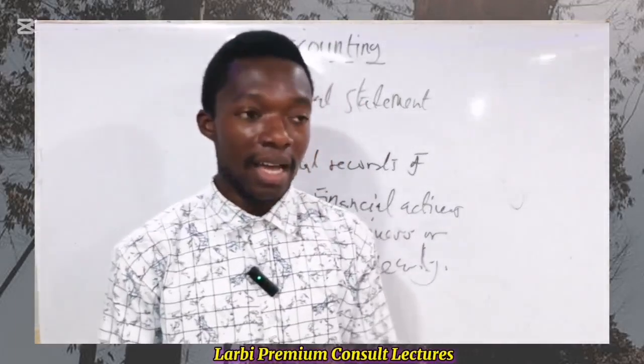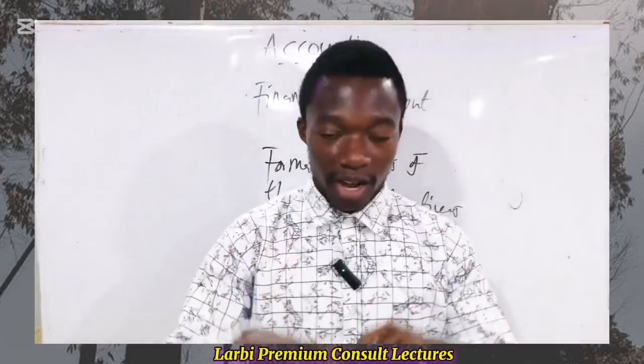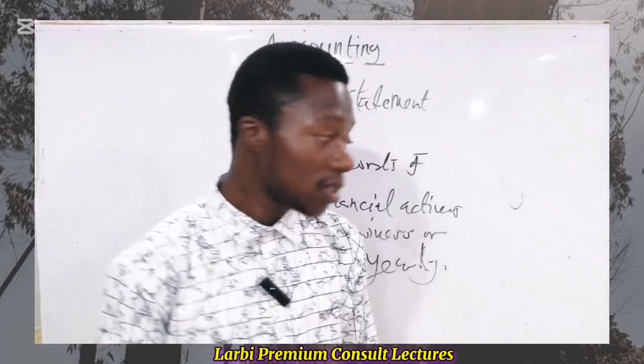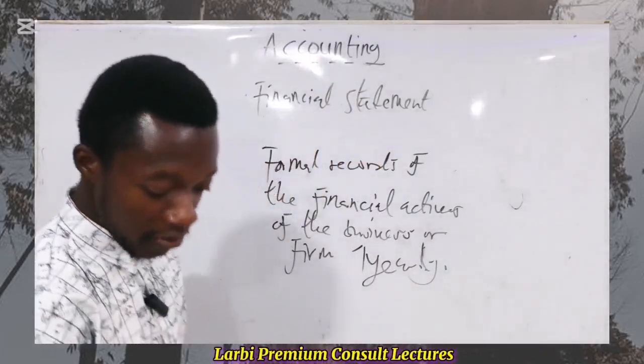So that is what a financial statement is. And when it comes to financial statements, we have 5 financial statements that every regulated business prepares. Let me make that emphasis clear: regulated businesses or companies prepare these 5 financial statements.